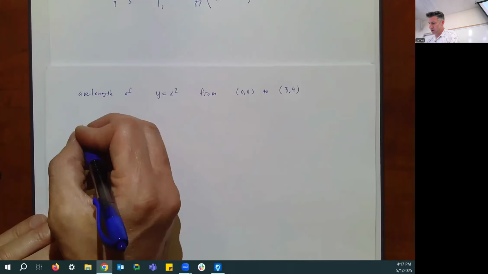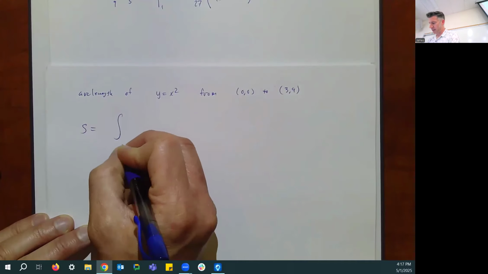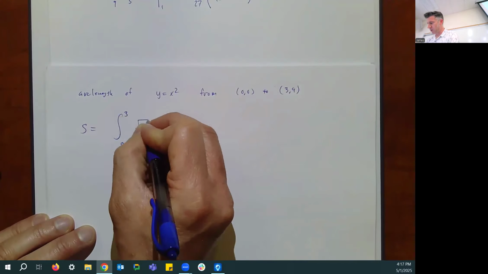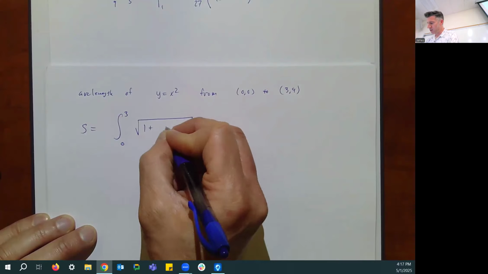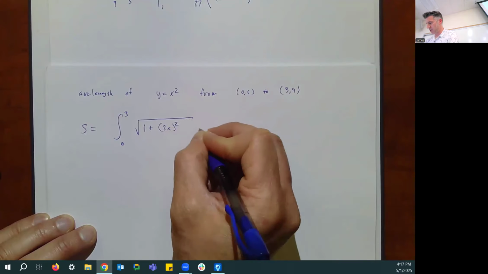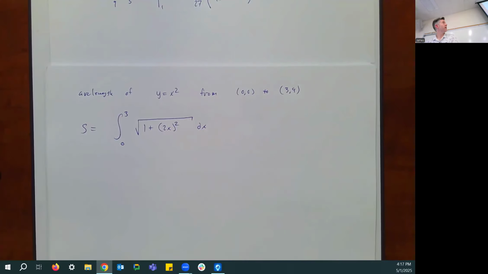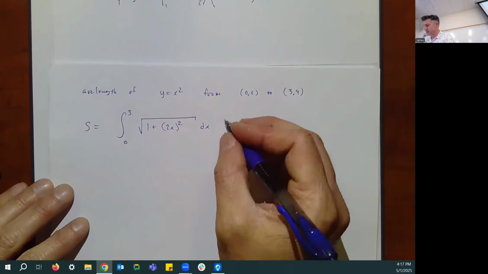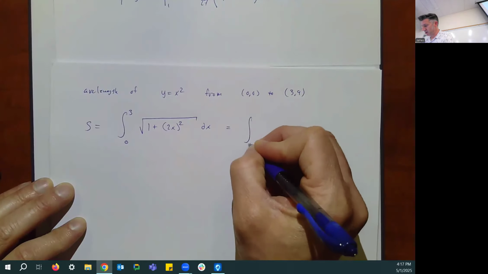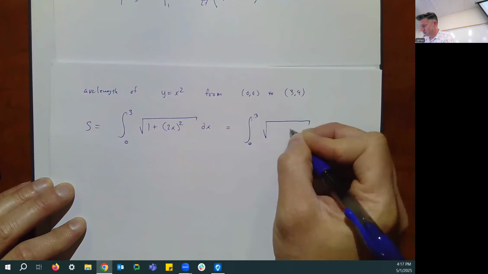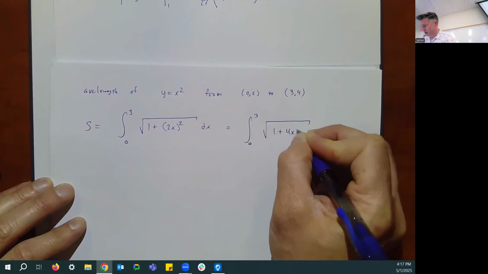Well, let's find out. So my arc length is going to be the integral from x equals 0 to x equals 3 of the square root of 1 plus (2x) squared. And now I'm not feeling super hot about this, because that's the integral from 0 to 3 of the square root of 1 plus 4x squared.